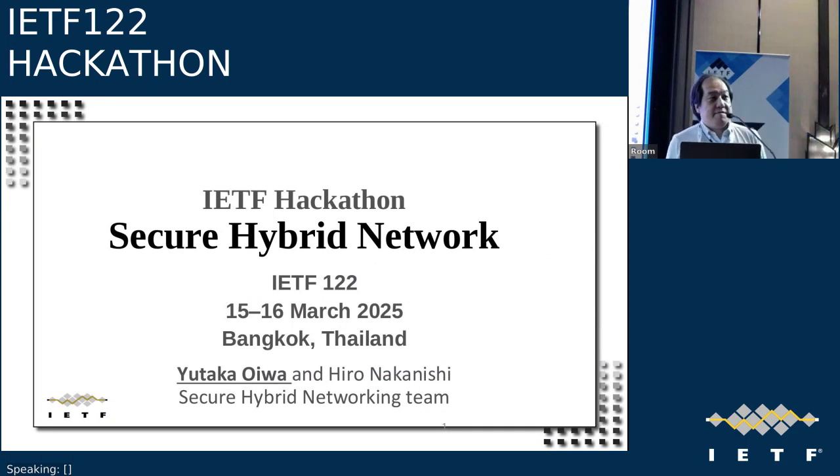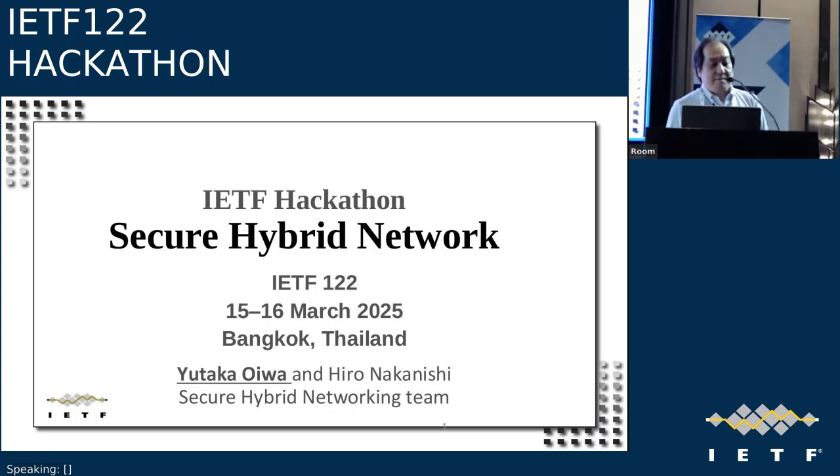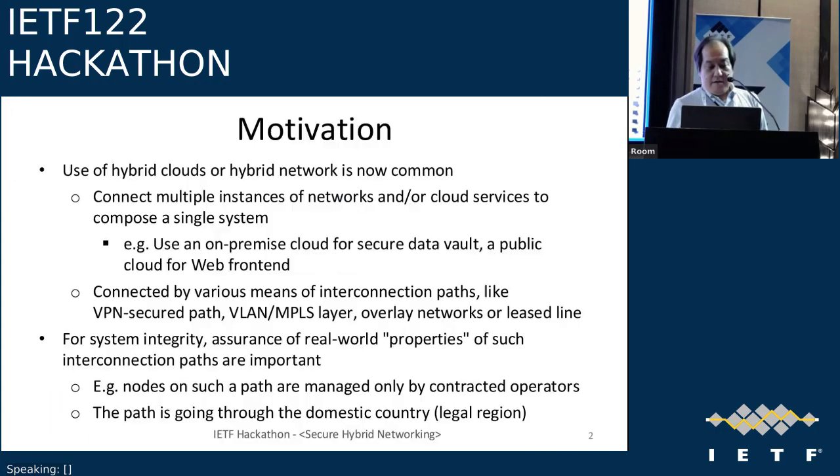Thank you. I'm Yutaka from AIST Japan. I'll tell you about the recent project about securing hybrid networks. Currently, hybrid use of clouds is common, especially in high reliability systems which connect multiple instances of networks or cloud services to compose a single system.